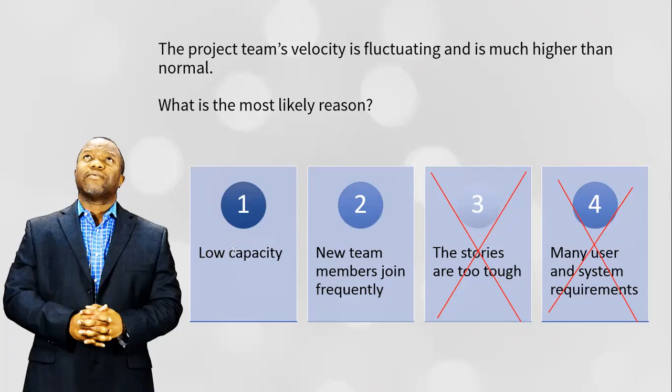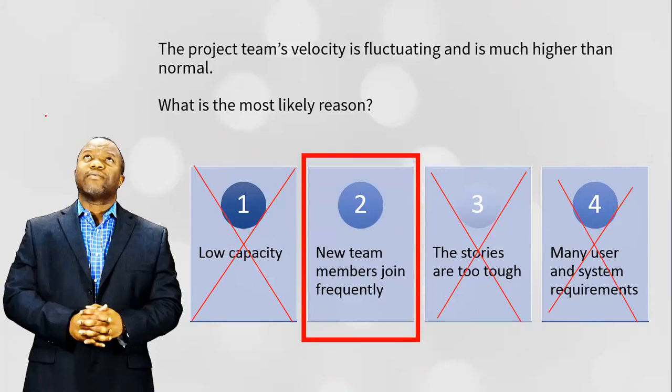And if the capacity was low, it would not result in velocity being higher. It would be the opposite. So it's actually not number 1 either. The best option is new team members join frequently. It could only be that. You got new people joining and they're able to roll and get stuff done, so your velocity is higher. Bit of a trick question there, but that would be the answer.